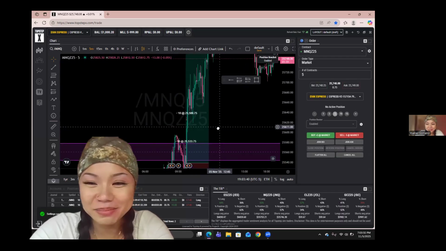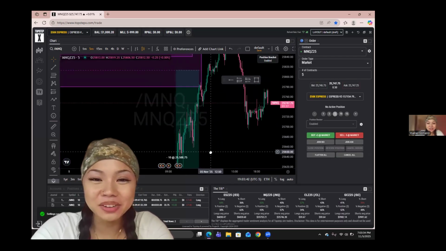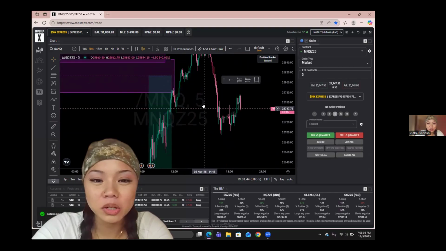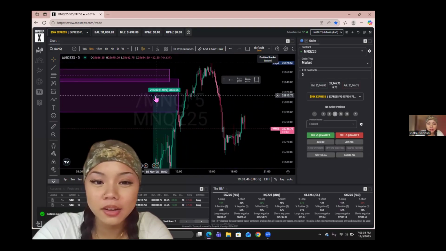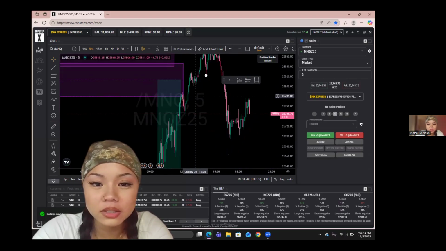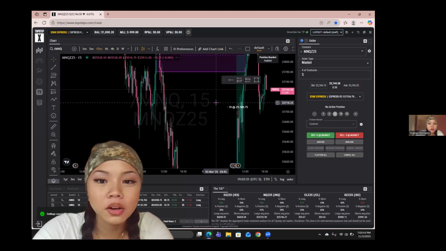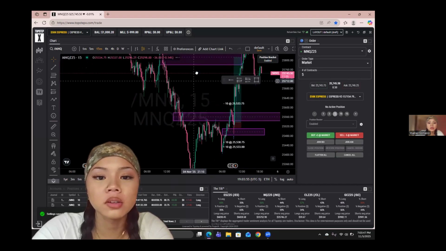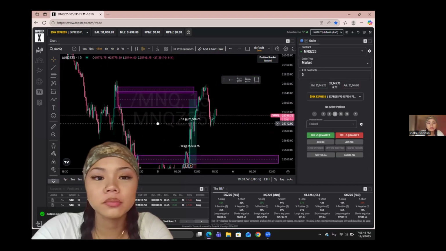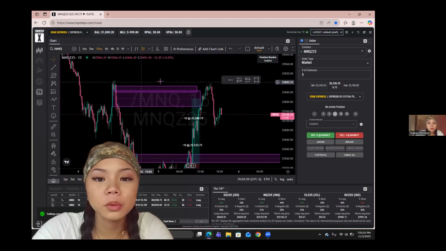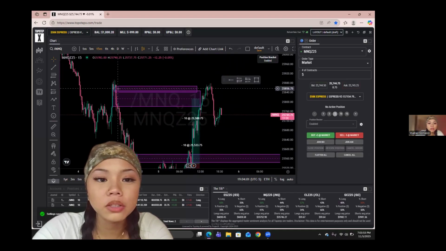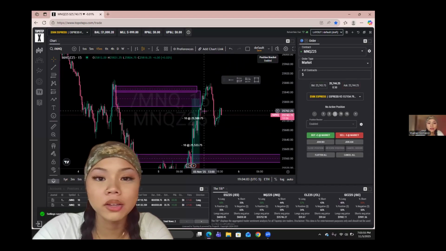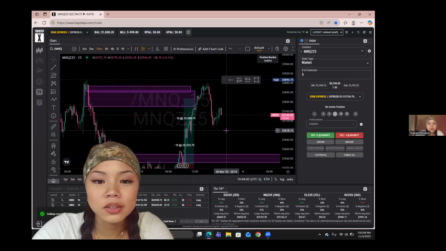That's not realistic. But if you had a runner, look at this push up. We just had such a great run today because of all of the liquidity from yesterday. We just melted all the way down and we went back. Even if you wanted to go to these highs too, oh my goodness, y'all see it.